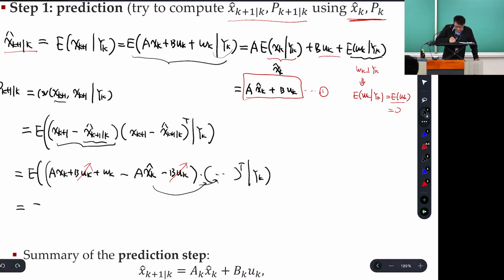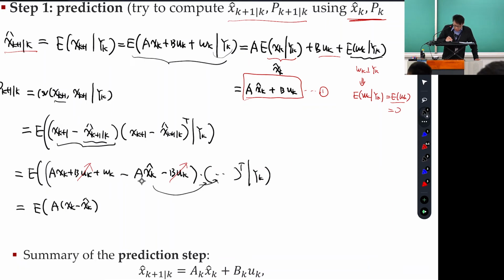So that will be what? Expectation of A xk minus xk hat times this, plus, let's not worry about those cross terms first. Let's look at other terms, okay?